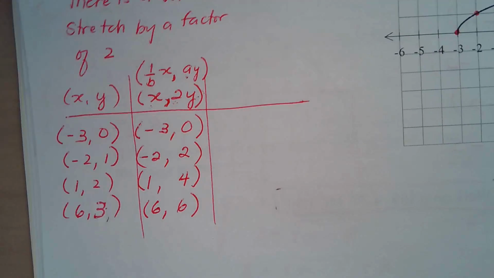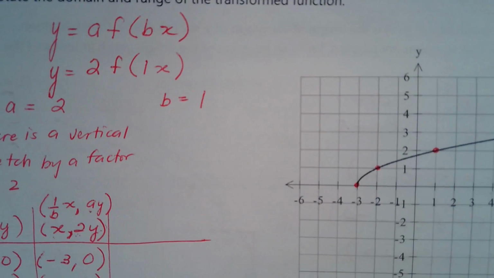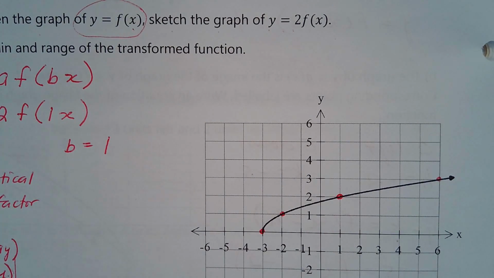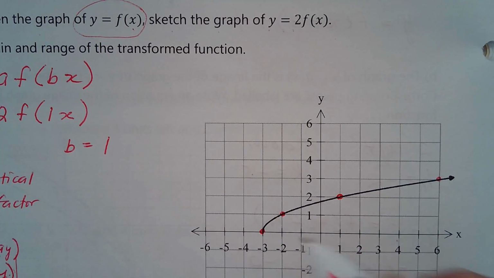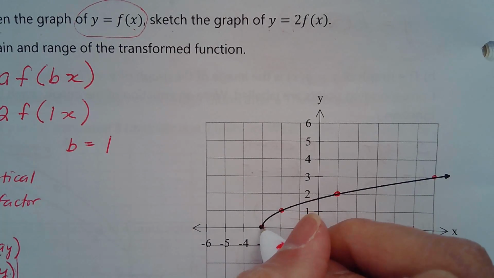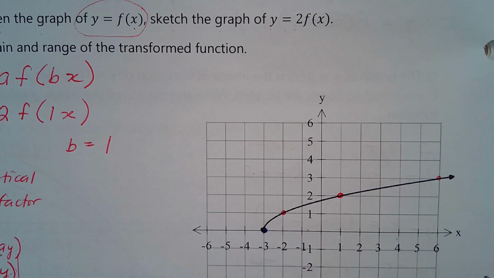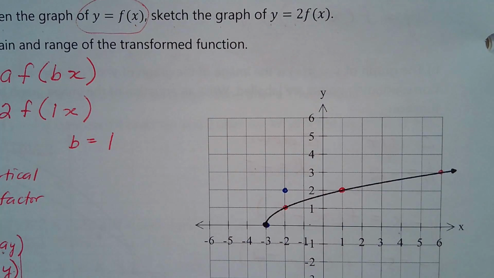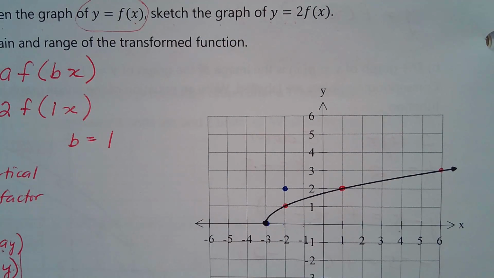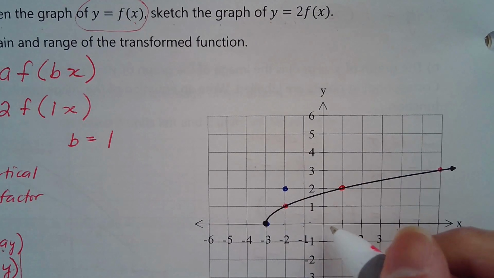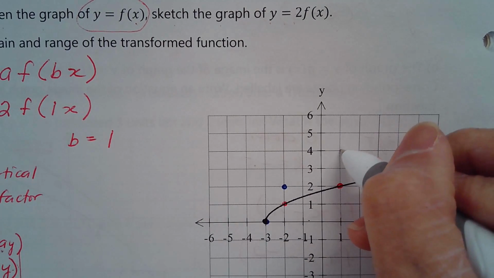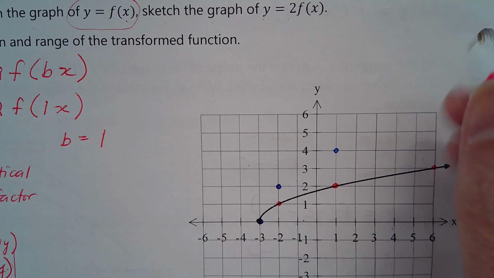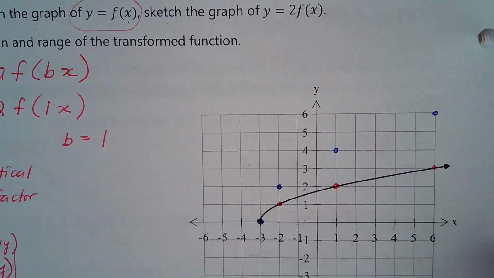So what would that look like on our graph? What does the graph look like now? It becomes -3, 0, so that's the same point there. -2, 2, that's that one right there. And then 1, 4, that's that one there, and then 6, 6 goes to that corner.